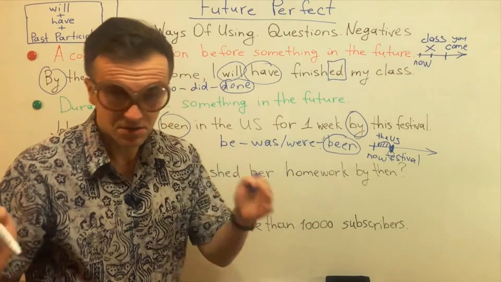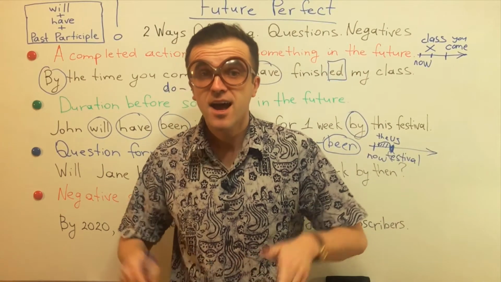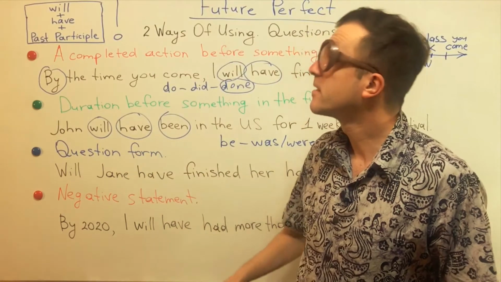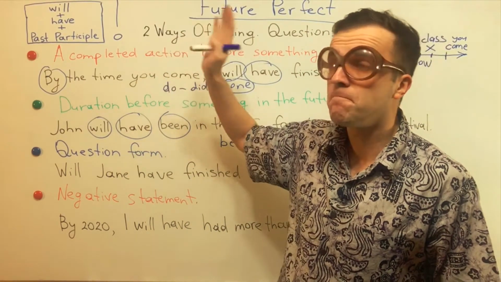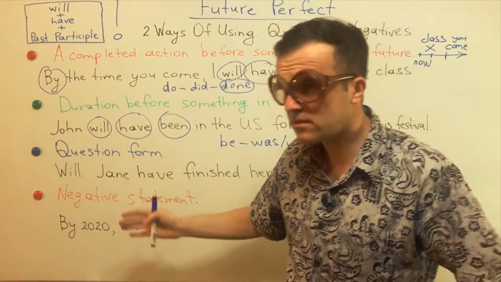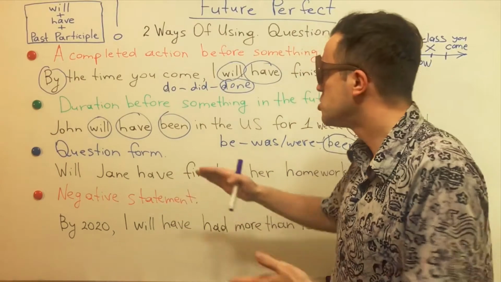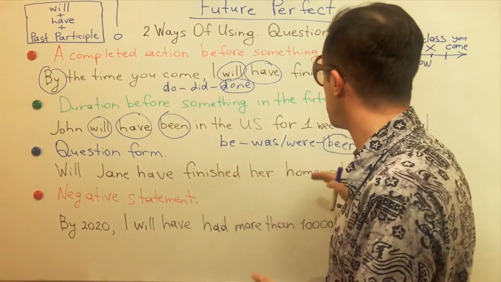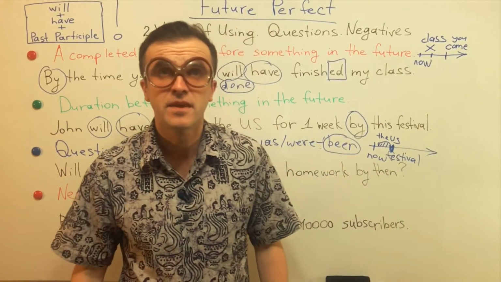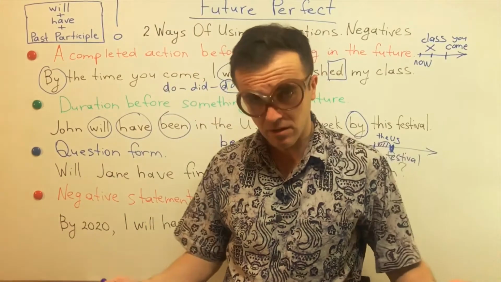Alright? Good. So now I'm going to teach you how to make a question form by means of the future perfect. So imagine that there is a statement, just a statement: Jane will have finished her homework by that time, or by then. So you have to make up a general question.